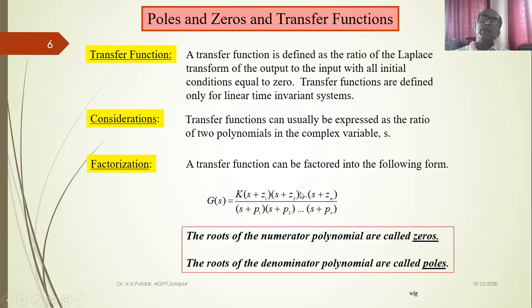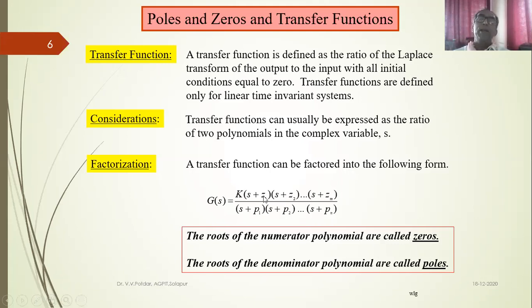Why are those called zeros? Because of putting these values in place of s. So s plus 1, if I solve it, s becomes equal to minus 1, isn't it? So if I put minus 1 here, what happens? This term becomes 0. Once this term becomes 0, 0 multiplied by anything makes the numerator 0 and it makes the entire ratio 0, right?